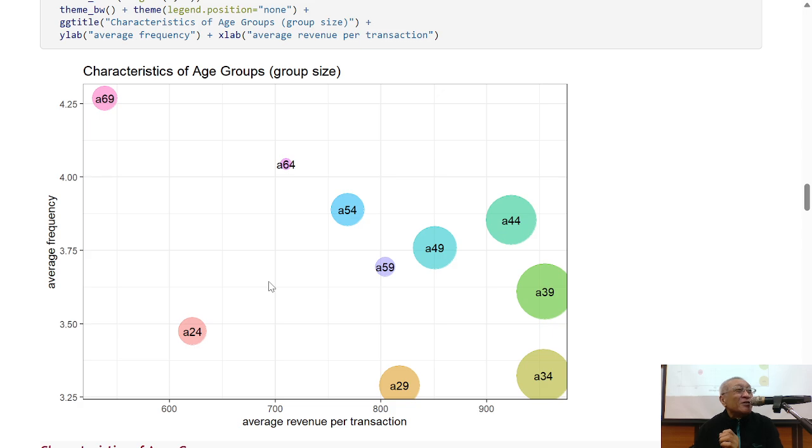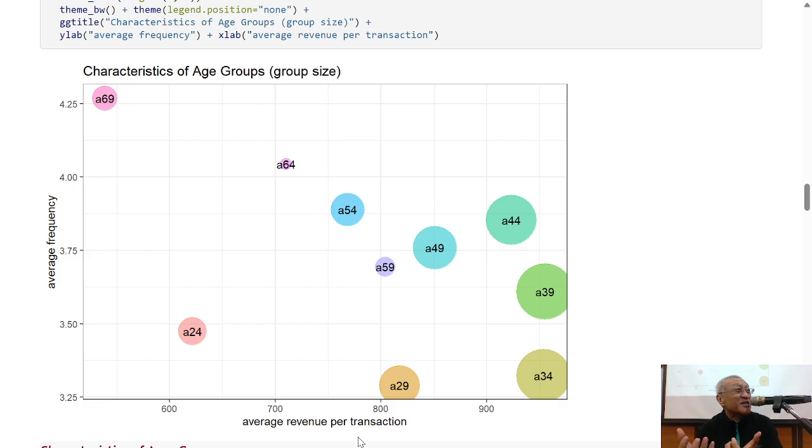Okay. In this chart I only compare the average frequency and average revenue per transaction. But as a marketer, usually in addition to frequency and revenue, you might also be interested in what?